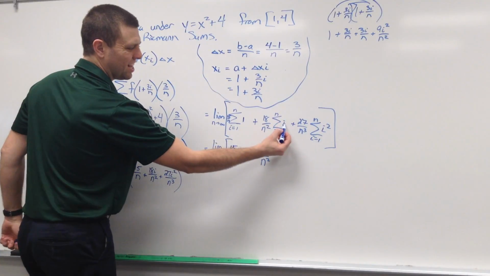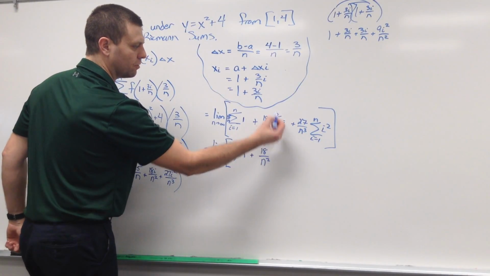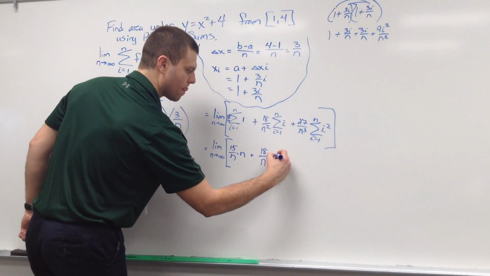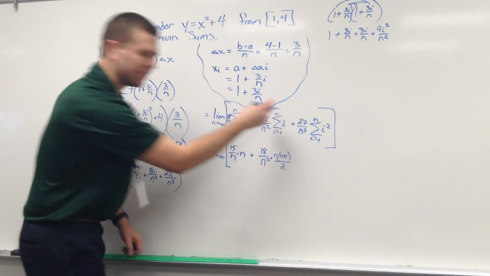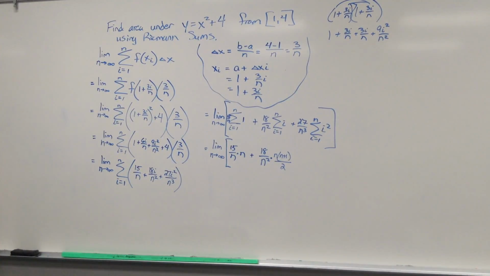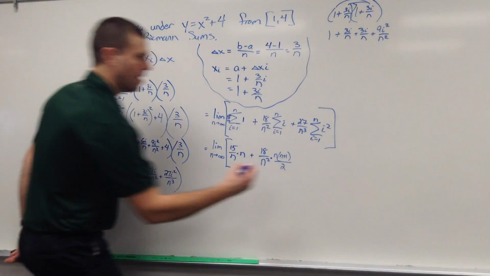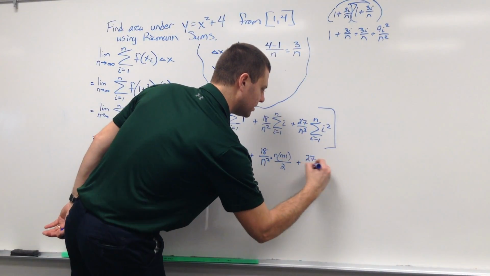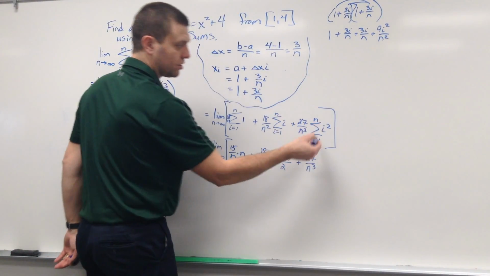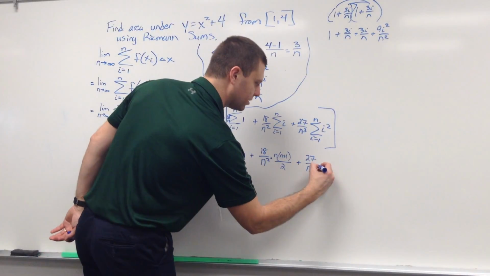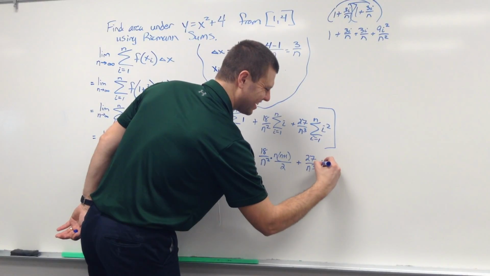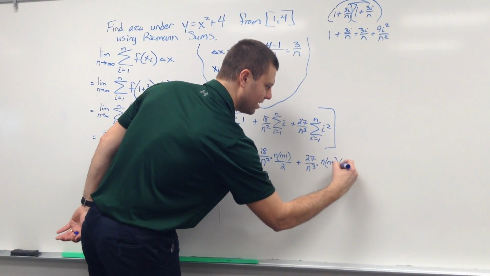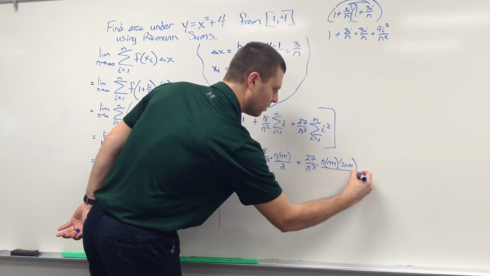What's the sum of i as i goes from 1 to n? n times n plus 1 all over 2. That's one of the formulas we've memorized. Plus 27 over n cubed. The sum of the first n perfect squares: n times n plus 1 times 2n plus 1, all over 6.